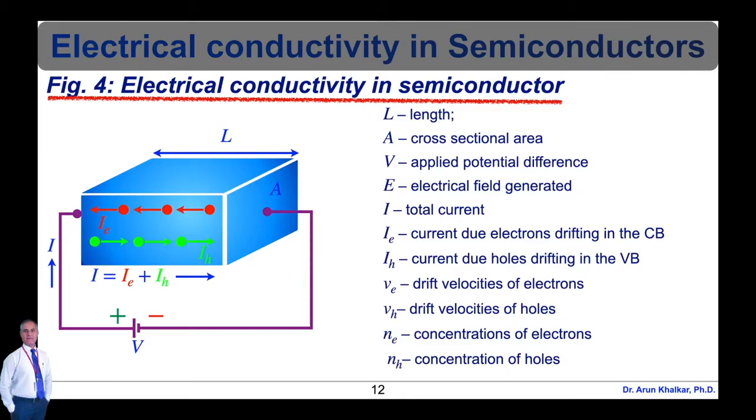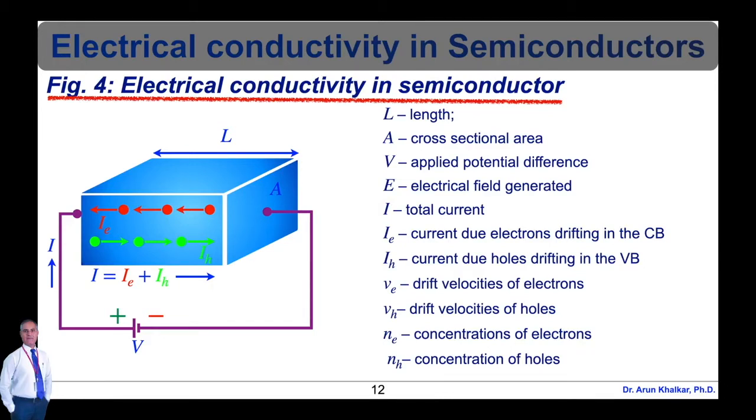As shown in this diagram, the current due to the electrons is shown in red color with arrows, that is I subscript E, whereas the current due to the holes, shown with the green arrows, is I subscript H. So total current I is equal to I subscript E plus I subscript H. So the total current is the current due to the electrons plus the current due to the holes.